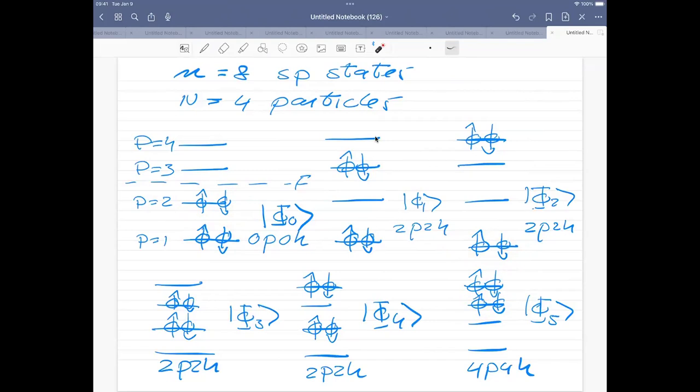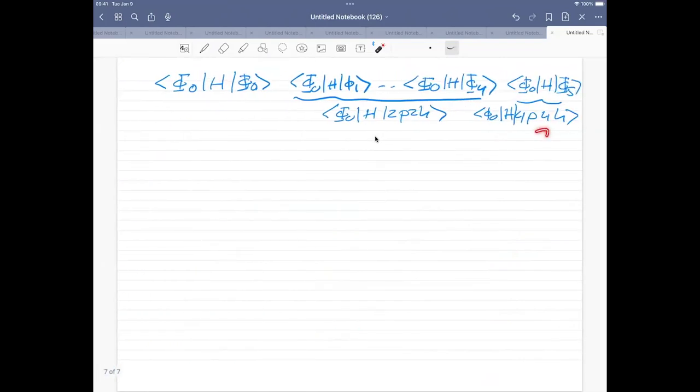So if I have a 4-particle 4-hole excitation and a 2-body operator only, that means that this matrix element will be 0.